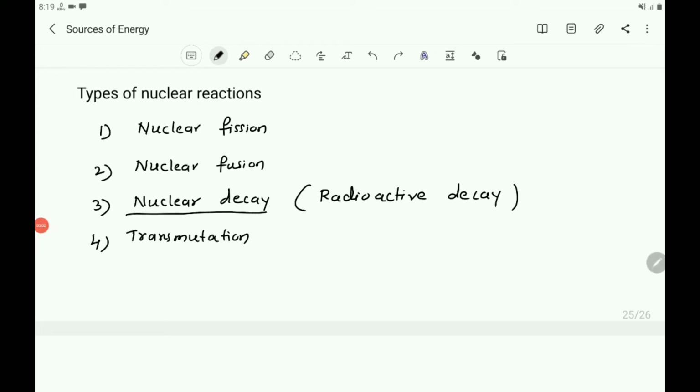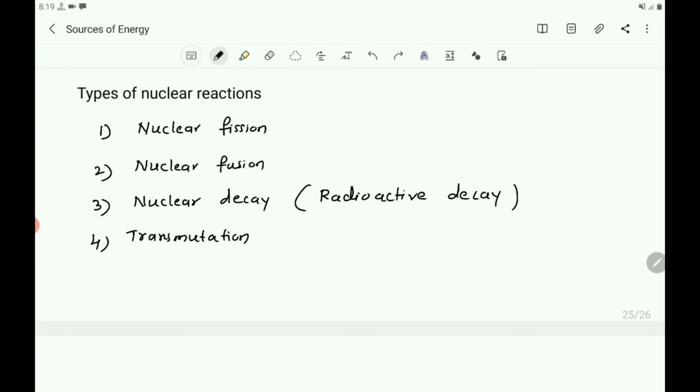In nuclear decay, some unstable nucleus spontaneously emits radiations and undergoes decay. Transmutation means one nucleus converts into another nucleus by emitting radiations. Mainly in these two reactions, fission and fusion, nuclear energy is considered.